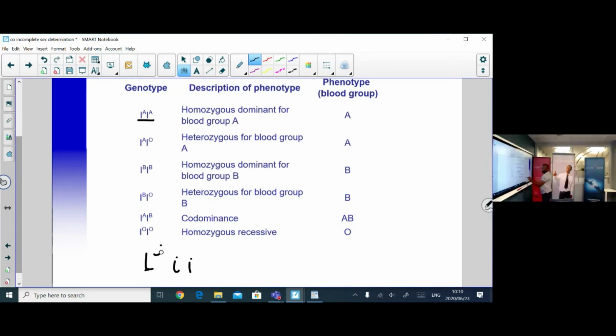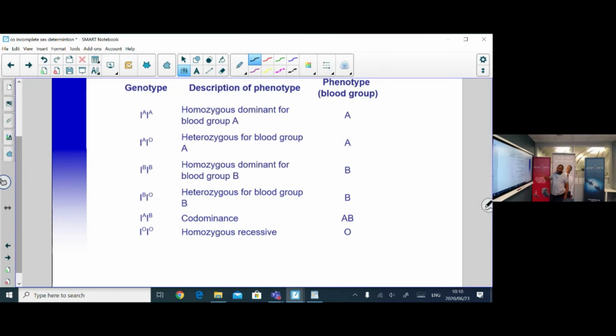Folks, this is what we said yesterday, and I said today we would continue to solve some problems involving multiple allelic interactions or multiple alleles. And we'll specifically look at problems that involve blood groups.